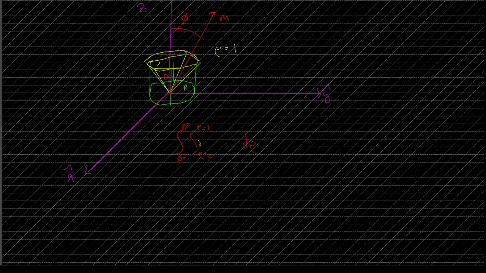And I think it's worth noting that phi is going to start at 0, and it's going to work its way out to the cone. Let's look at the cone and its projection coming across.